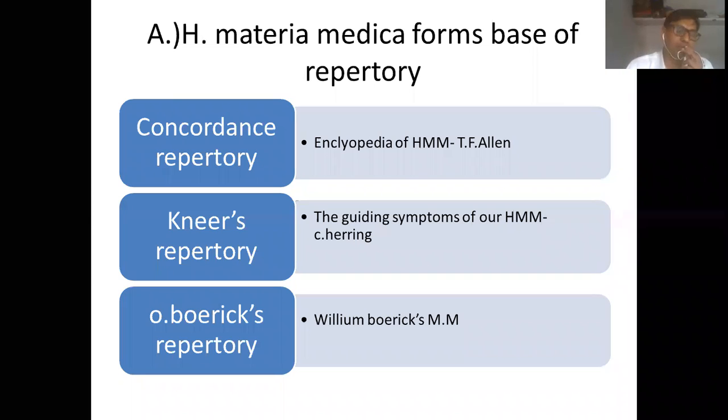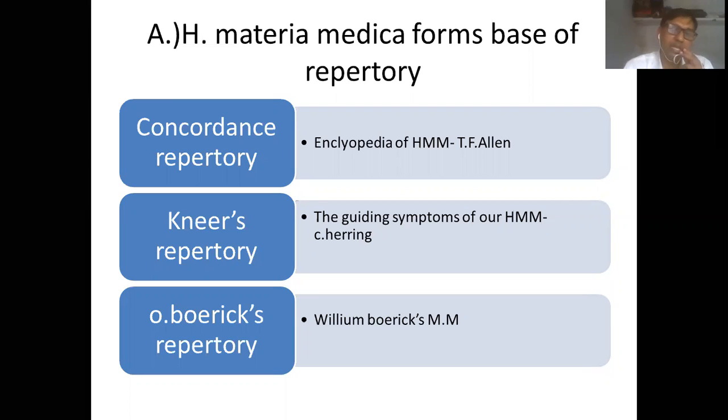Now, if we just overview the sources of various repertories, you will find that each repertory is based upon a basic materia medica. For example, Concordance Repertory by Gentry is based upon Encyclopedia of Homeopathic Materia Medica by T.F. Allen.